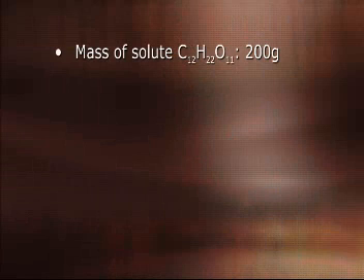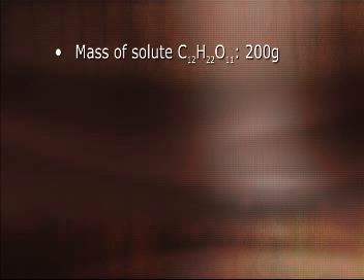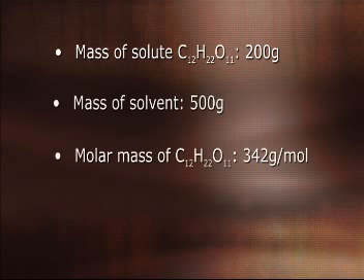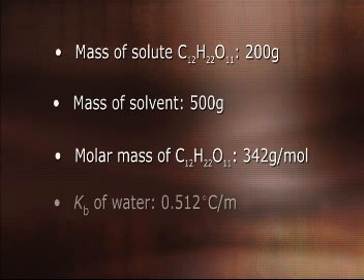Students, now that we have gone through this process together, you are able to try it on your own. Please calculate the boiling point of a solution that contains 200 grams of sucrose in 500 grams of water. The molar mass of sucrose is 342 grams per mole.